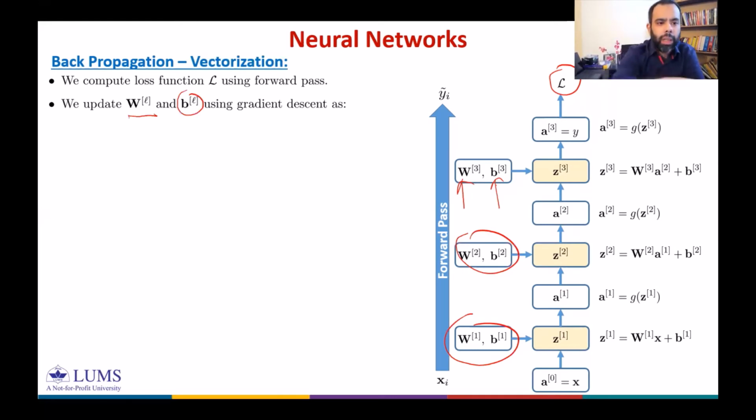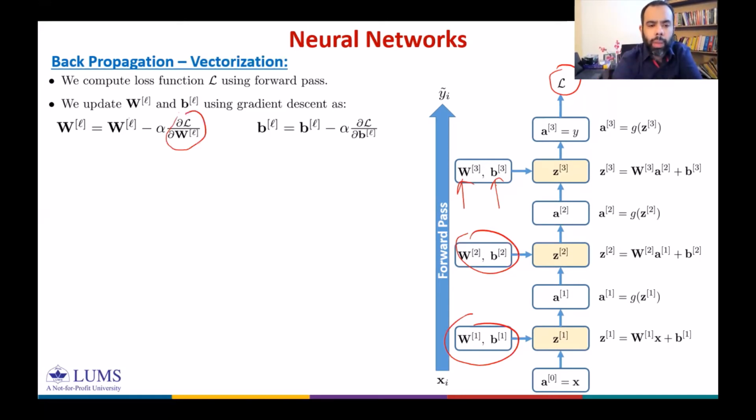So we update these two in each iteration using gradient descent by computing the partial derivative of the loss function with respect to the weight matrix. And similarly, we update the bias as the bias in the previous iteration, minus alpha, the learning rate, times the partial derivative of the loss with respect to the bias.